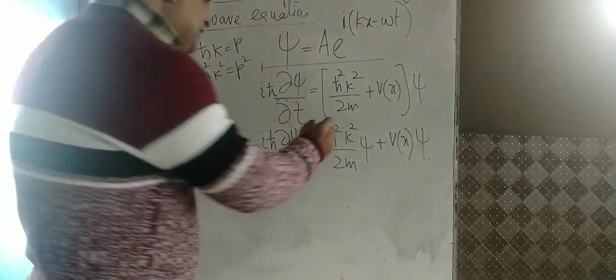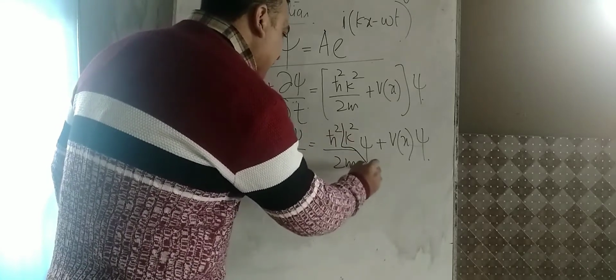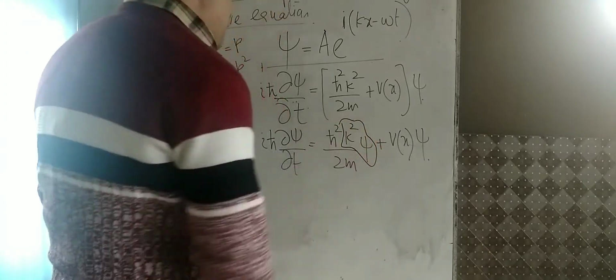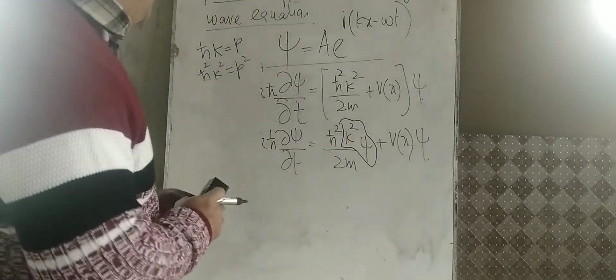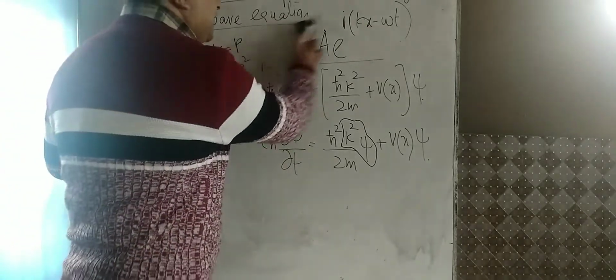Now, this k square psi can be written down from equation 1 that I had noted down.